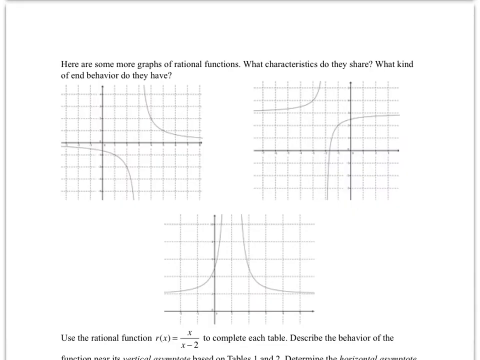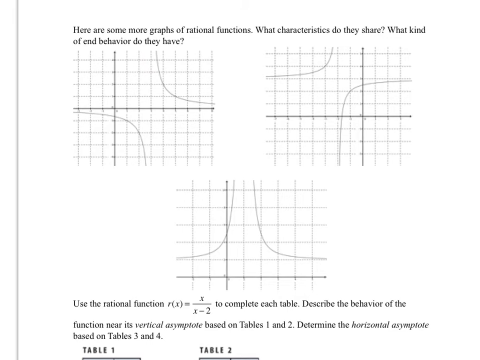So just keep in mind that rational functions typically have horizontal and vertical asymptotes. Here's one where we have a vertical asymptote at x equals 3 and a horizontal asymptote at y equals 0. Here we have a vertical asymptote at x equals negative 2 and a horizontal, oops, that's not the horizontal asymptote.